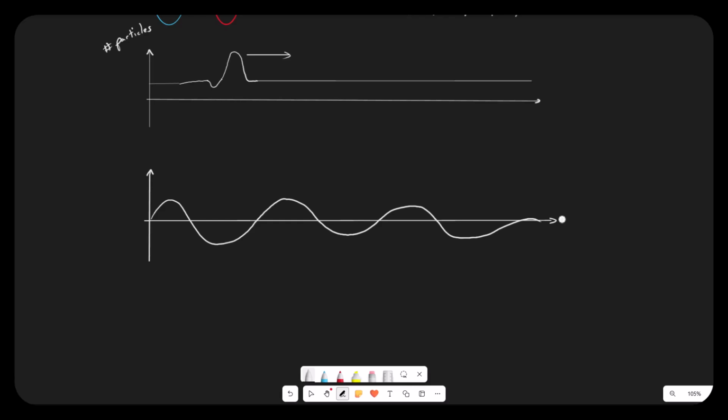We can, again, if this is position, make a measurement of wavelength. We can definitely get an amplitude out of this. Or if this is instead time, then we can make a measurement of the period of the wave and even find a frequency by taking a reciprocal.